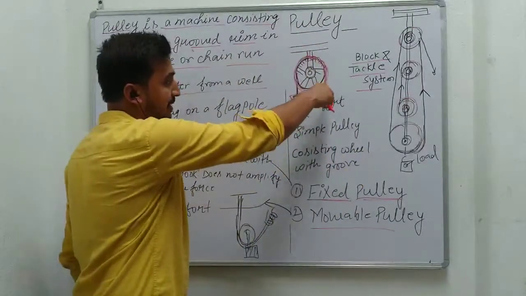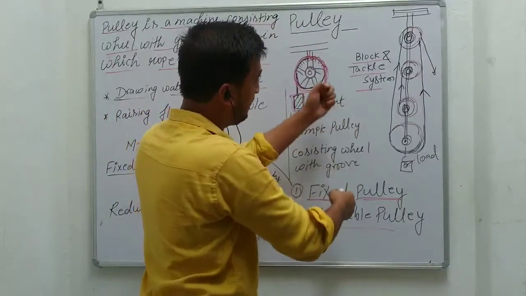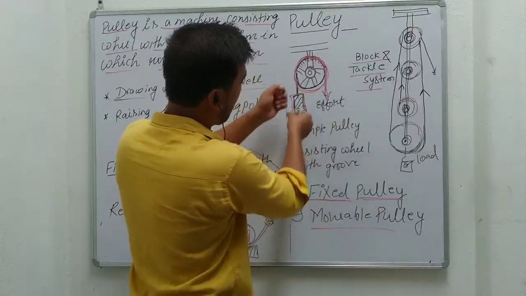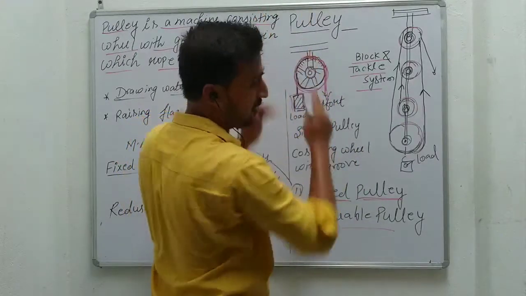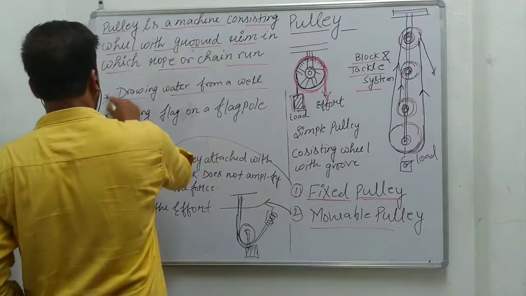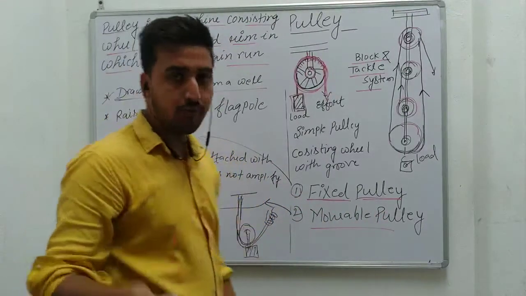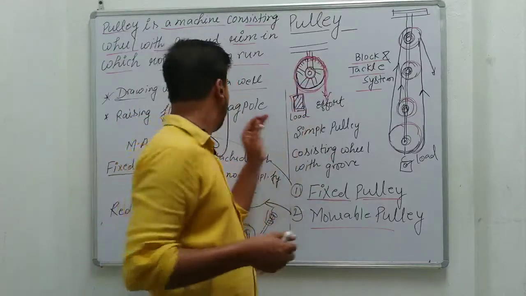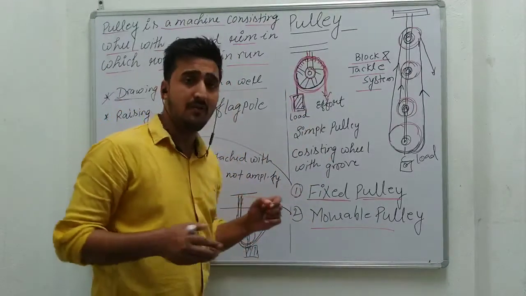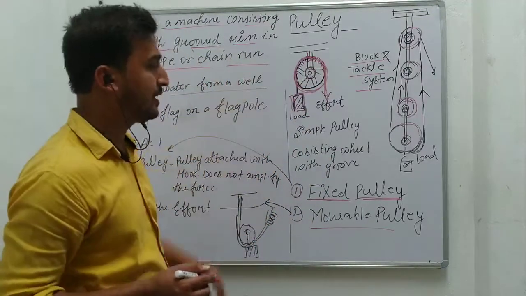When we pull the rope or chain, the object automatically goes up, as in drawing water from a well or in a flag and pole system. So the flag and pole system and drawing water from a well are both examples of a fixed pulley.